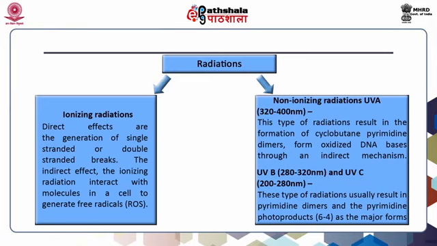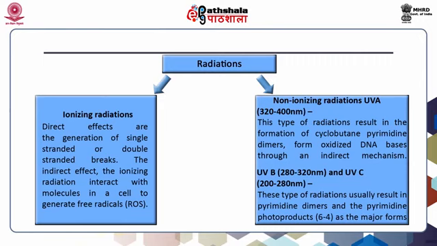They can also cause indirect effects by creating free radicals or reactive oxygen. In the non-ionizing radiations, there is UVA in the range of 320 to 400 nanometer. This type of radiation results in the formation of cyclobutane pyrimidine dimers. They can form oxidized DNA bases through an indirect mechanism.